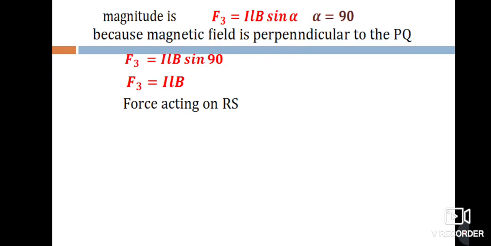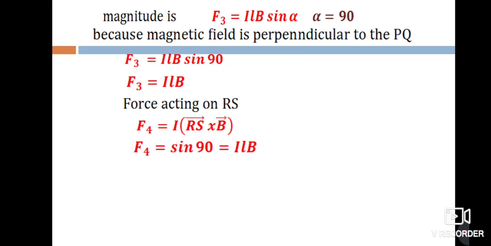Similarly, the fourth force, that is the force acting on RS, will be given by F4 is equal to I (RS cross B). Again F4 is equal to, here it is again sine 90, that is ILB only we are getting.